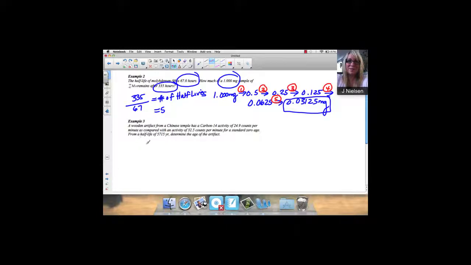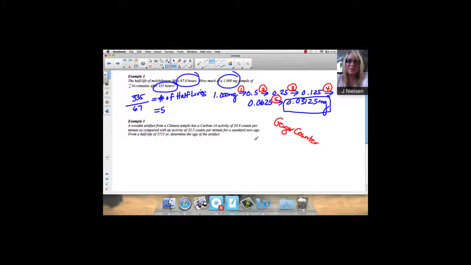In the last problem, a wooden artifact from a Chinese temple has a carbon-14 activity of 24.9 counts per minute as compared with an activity of 32.5 counts per minute for a standard. So whenever you see counts per minute, they are talking about a Geiger counter.